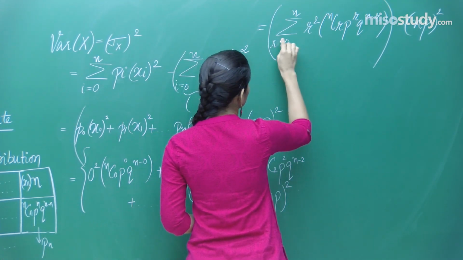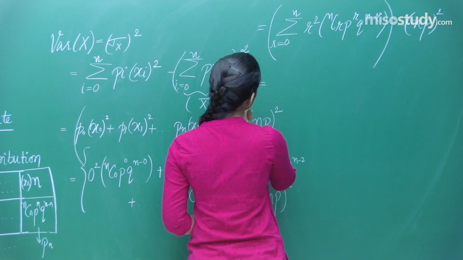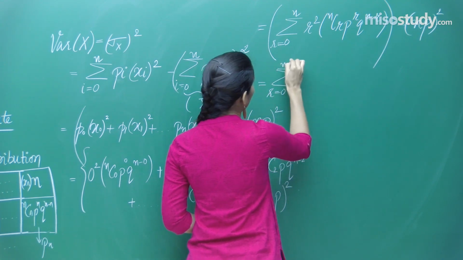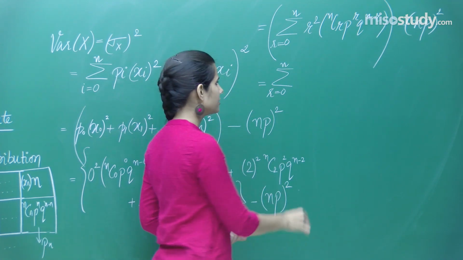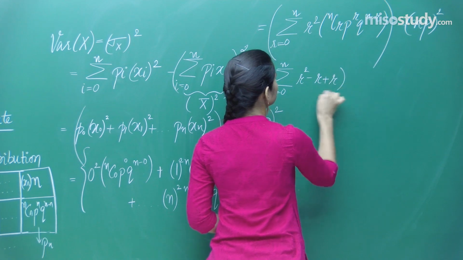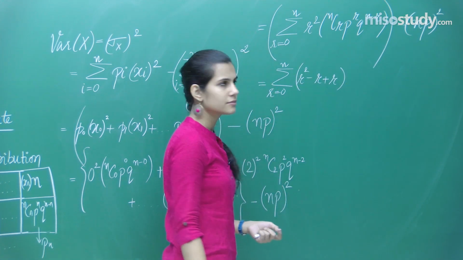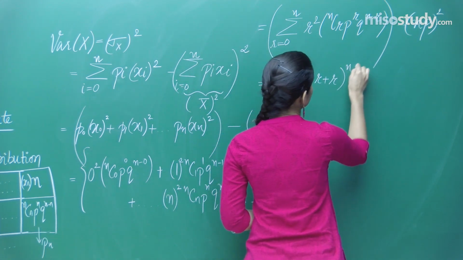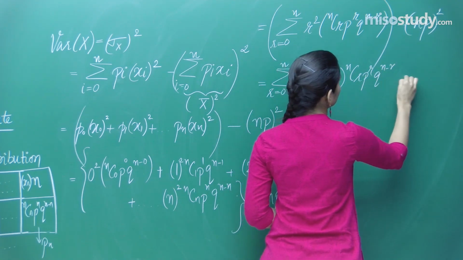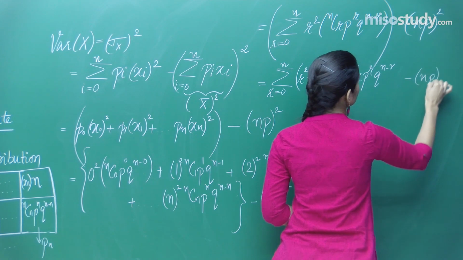Now, what is this? It's very interesting. I can write r square as r square minus r plus r. Not a problem. And I have ncr p to the power r q to the power n minus r, minus np whole square.